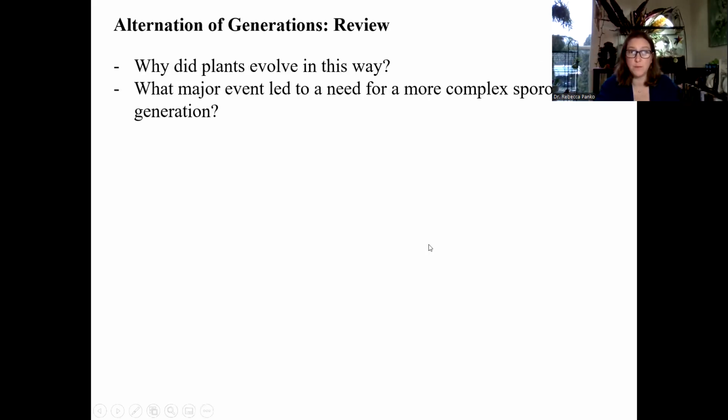What's the point of that? What led to the need to have a more complex sporophyte generation, right?